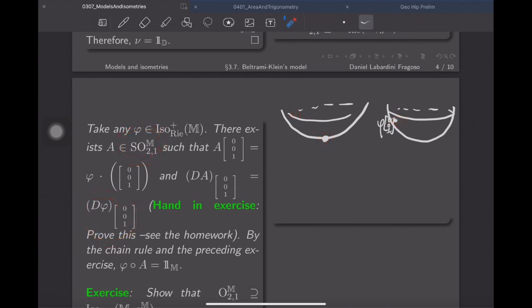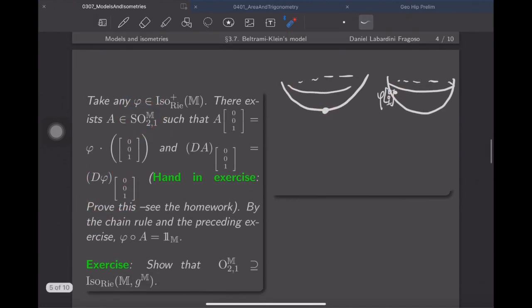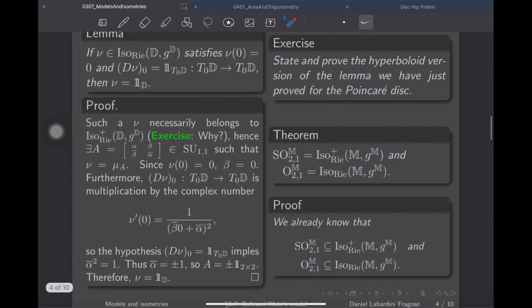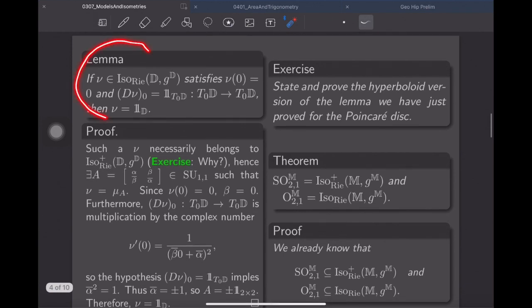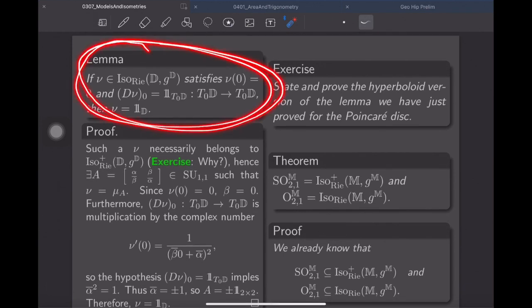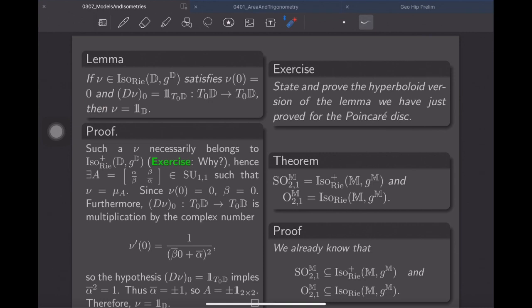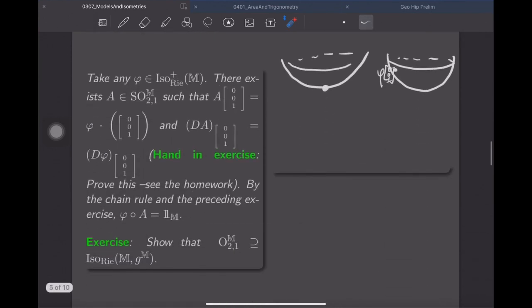But you see, the point is that I am really in a situation similar to this lemma, where I know only the behavior at one point, including infinitesimal behavior, but only at one point. That's the situation.